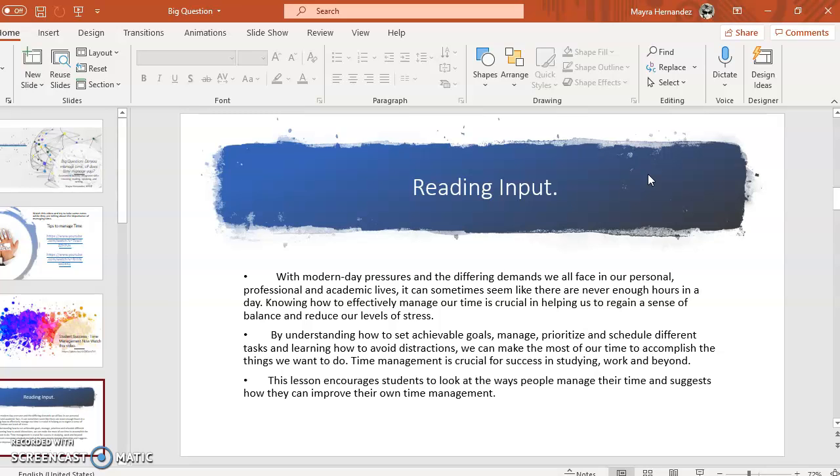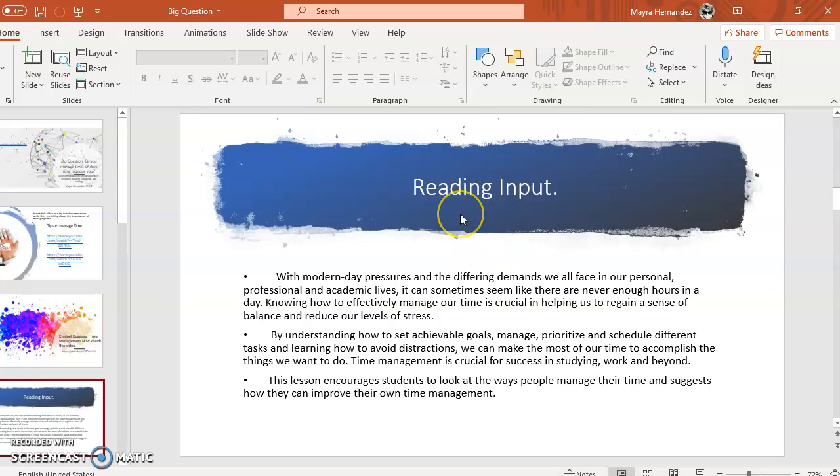This is also an important source to help students see that this is part of their lives as college or university students. Success is very much related to how we manage time, how we set priorities, how we avoid distractions.